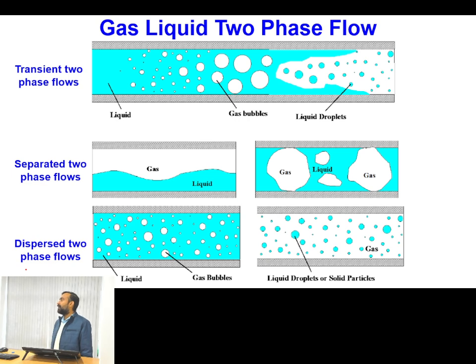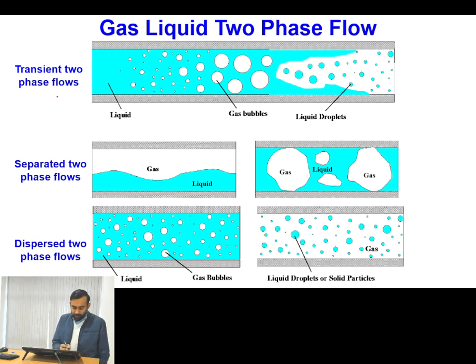So before choosing the models, we should clearly know how our phases are distributed in one another. Because if I choose a model whose assumptions are not applicable for a certain flow design, then the outcome we get will not be true.